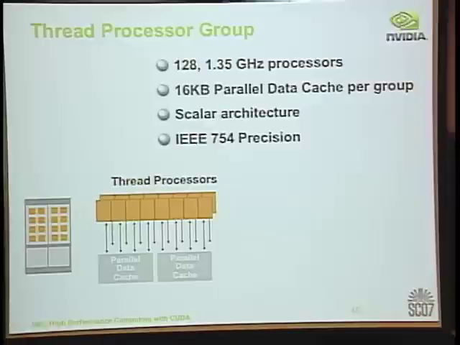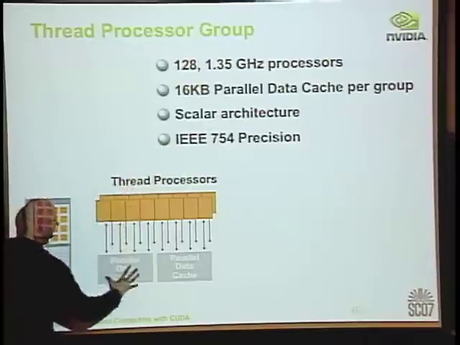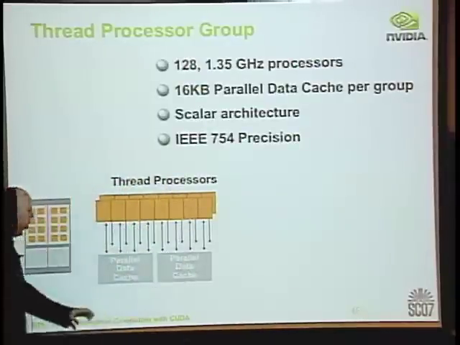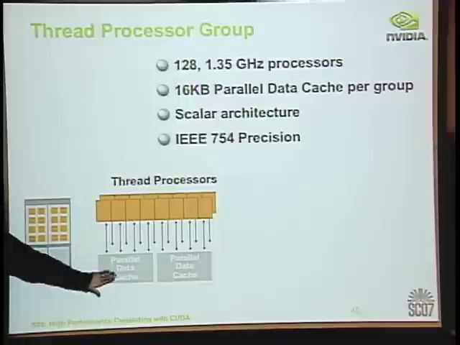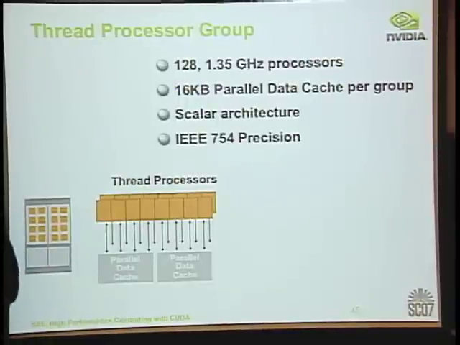So we have one parallel data cache per multiprocessor. All threads in a block can share a parallel data cache. How big is a block? It's up to 512 threads. So up to 512 threads can all share in this data cache. Otherwise, they have to go out to memory.